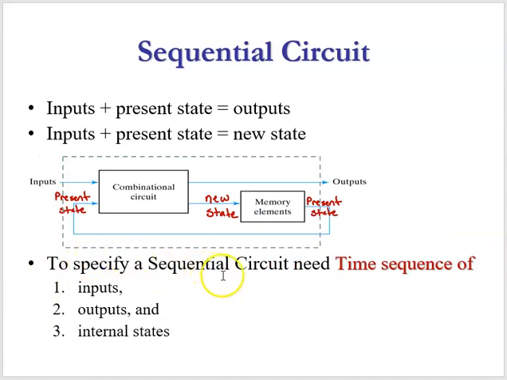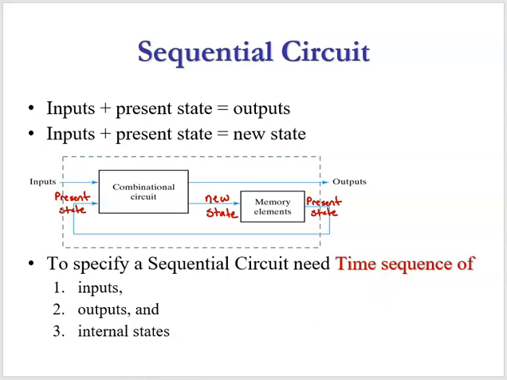To specify a sequential circuit, what we need is inputs and outputs and these internal states, but it's actually a time sequence of the inputs, the outputs and the present states. That's what we need to do to define or specify a sequential circuit. With our combinational logic, all we needed was inputs and outputs. We could represent that in a truth table. Now we're additionally going to need the internal state and what constitutes the time sequence.